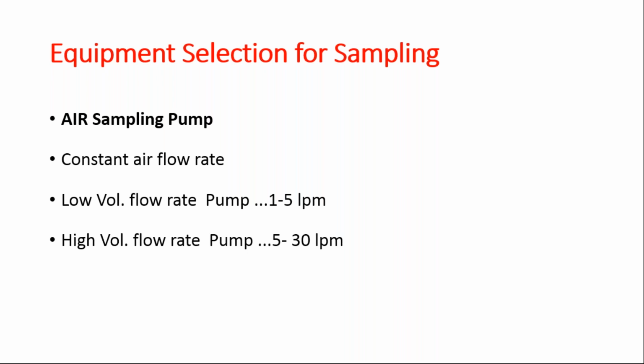The air passes through a hole and then onto a filter. We pre-weigh the filter, post-weigh the filter, and by applying a formula, we can calculate the concentration of dust in the air. Mostly air sampling pumps are used to determine the concentration of dust in the air.